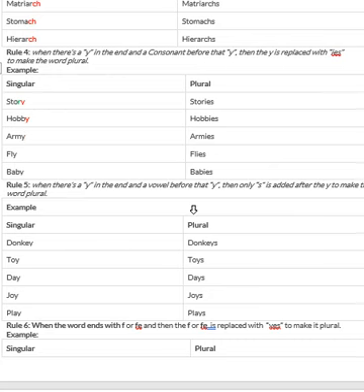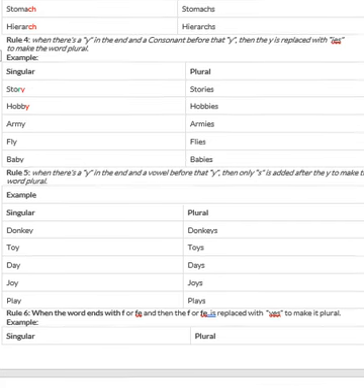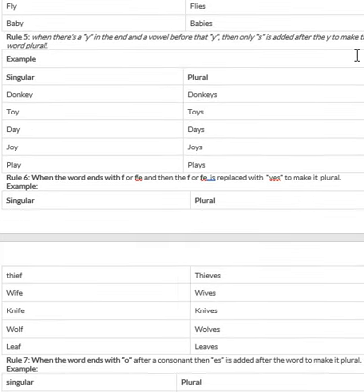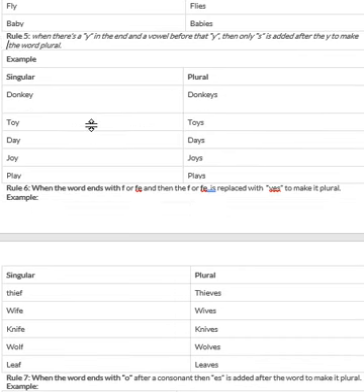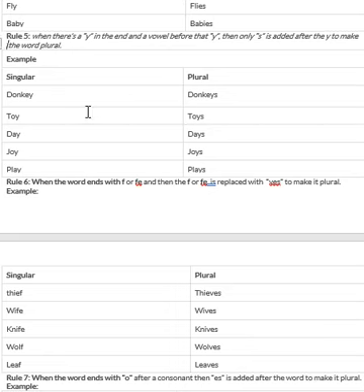And whenever there is y in the ending of the word, and before y there is a vowel, remember this, no need to put ies.